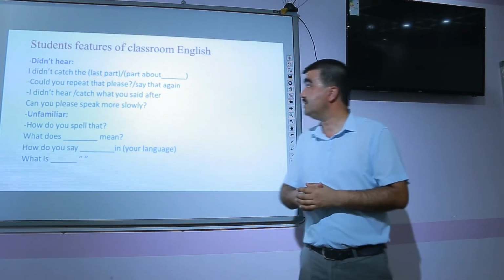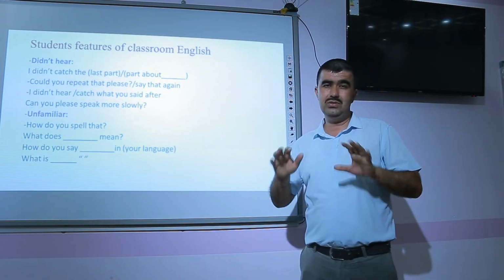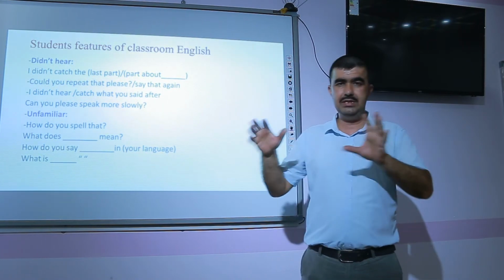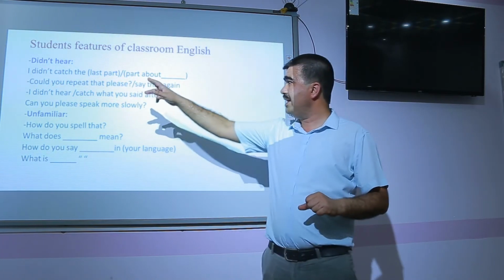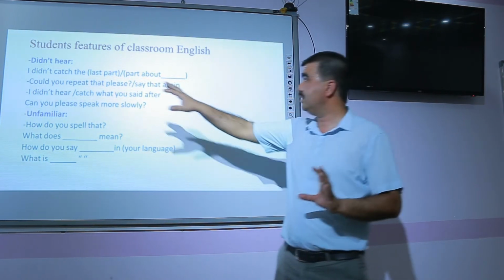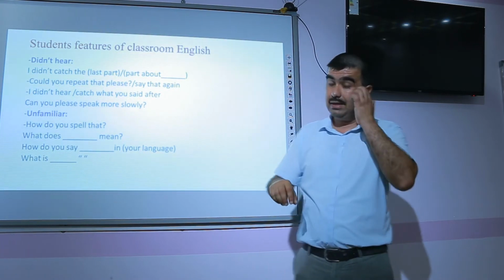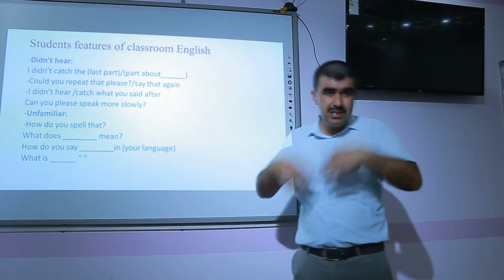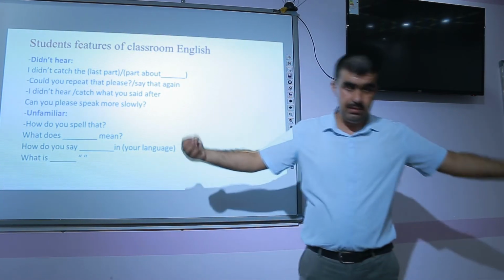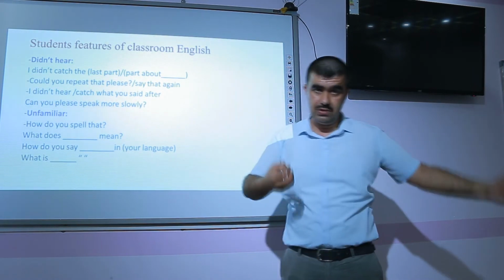Here are the students' features of classroom English. When the student didn't hear something, what should he or she say? I didn't catch, for example, the last part, or I didn't catch the part about something. But if she says, I didn't hear, the teacher wonders, how? The whole thing or the whole period when I'm talking?